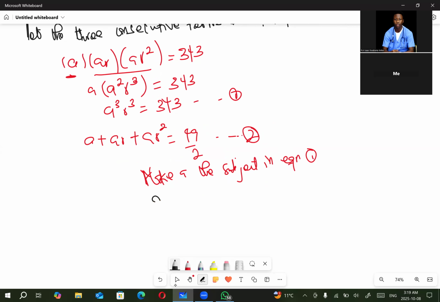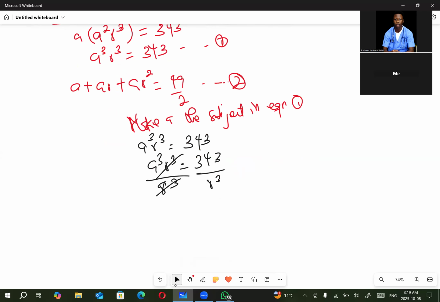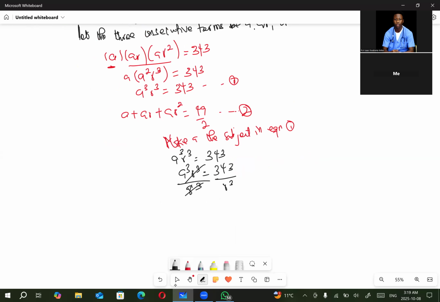So A cubed R cubed equals 343. If you're making A the subject, you divide by R cubed so that it goes away. Whatever you did here, you have to do the same thing here. So you have A cubed equal to 343 over R cubed.